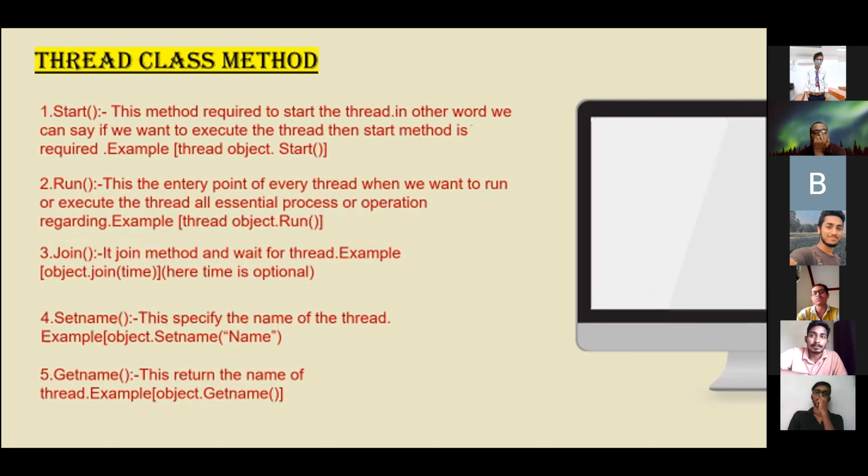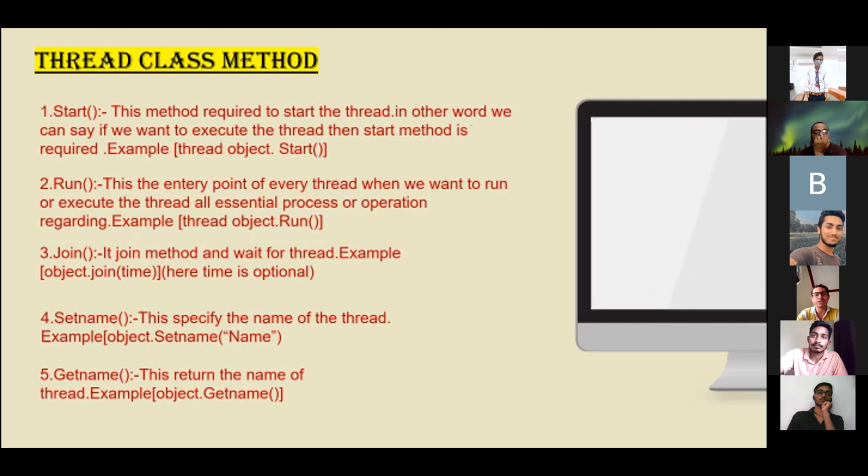Example, thread object dot start method name. Second is the run method. It is the entry point of every thread. When we want to run or execute the thread, all the essential processes or operations are called the run method.